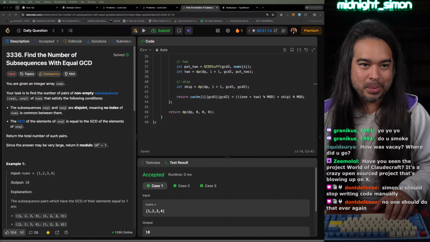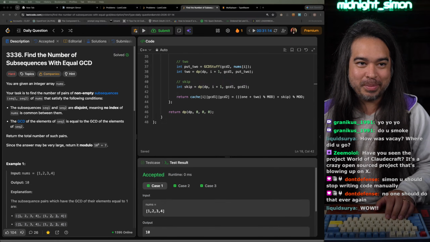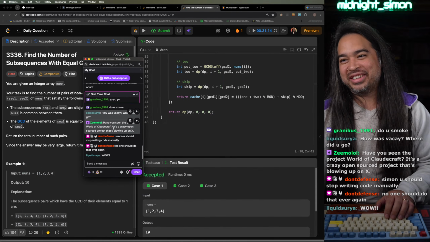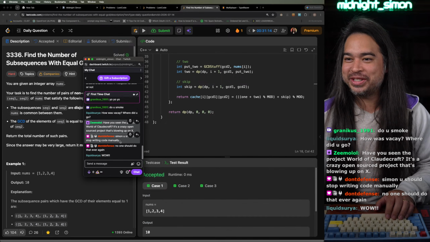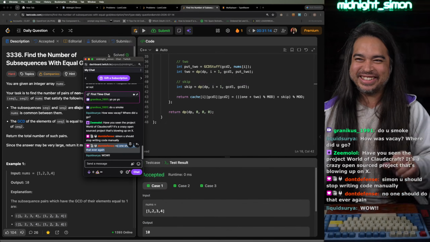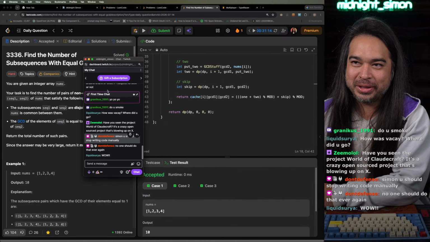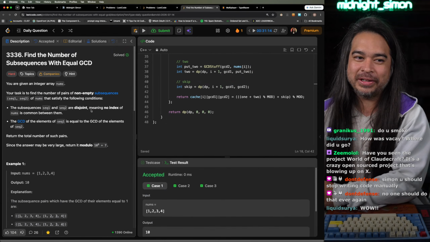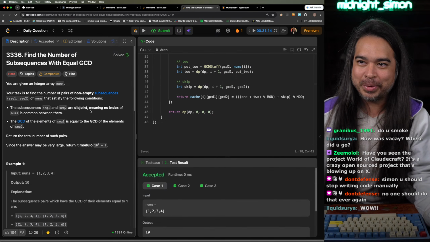Have you seen the project World of Cloudcraft? It's a crazy open source project that's blowing up on X. Dang, I haven't seen that. Interesting. Simon, you should stop writing code manually. No one should do that ever again. I don't think I write code manually anymore, don't defense. I don't think doing LeetCode is like coding manually. I think it's just solving puzzles, man.